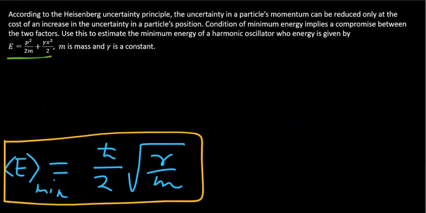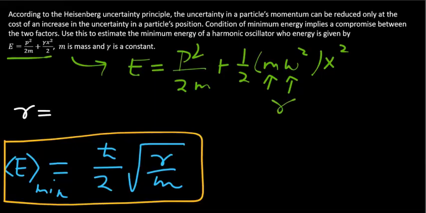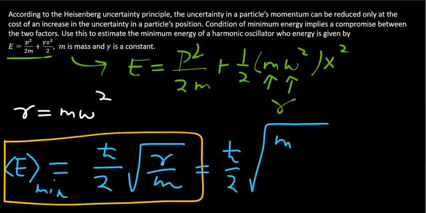Let's rewrite this expression in a more conventional form in terms of angular frequency. It becomes p squared over 2m plus half m omega squared x squared. So m is the mass of the oscillator and omega is the angular frequency. So together they are taken to be gamma. So if we substitute gamma to be m omega squared, this expression will become m omega squared over m, so m goes away, square root of omega squared is omega.